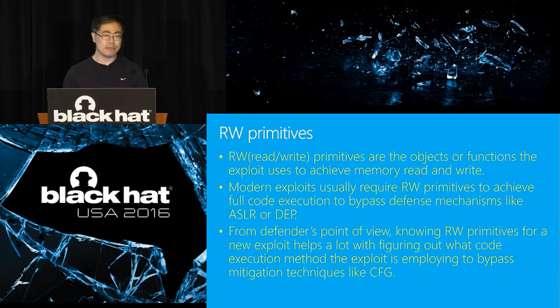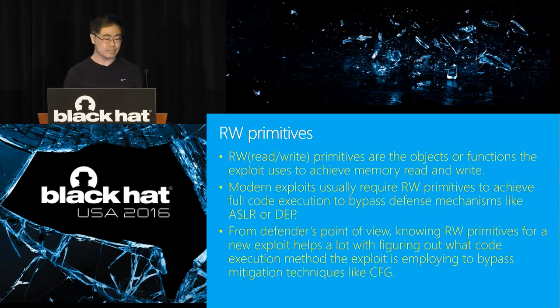Before ASLR and DEP, a lot of exploits didn't need these RW primitives. They just corrupted some adjacent object, or they already knew some fixed address and jumped there. That kind of technique worked. But after ASLR and DEP were introduced, you need full RW primitives to achieve RCE.